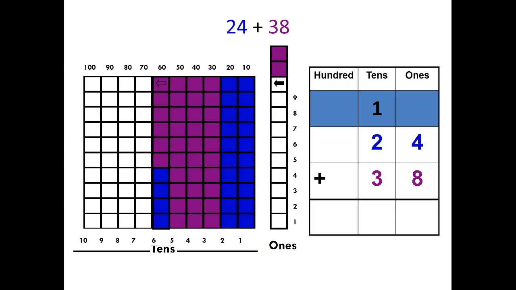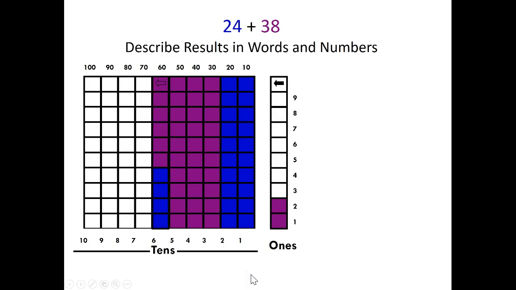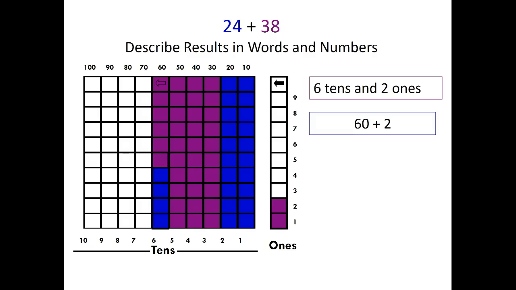So the 10 would go over, and notice we've added it over here in our 10s column, we have carried it. But then we have these 2 units left, and they will drop down so that we have 62. So we have 6 10s and 2 1s, which is 62.